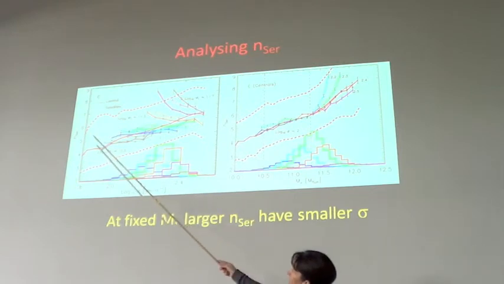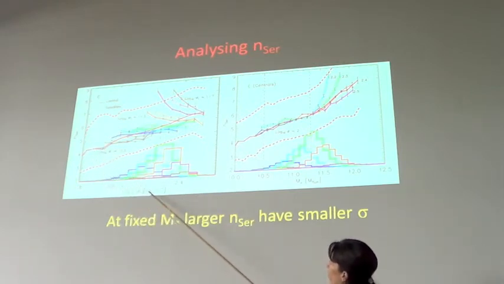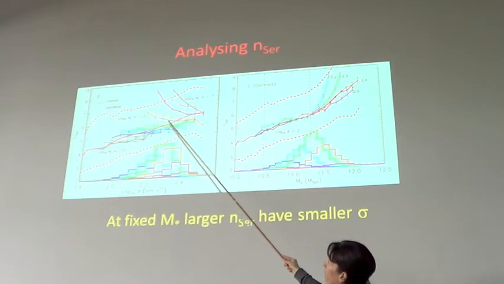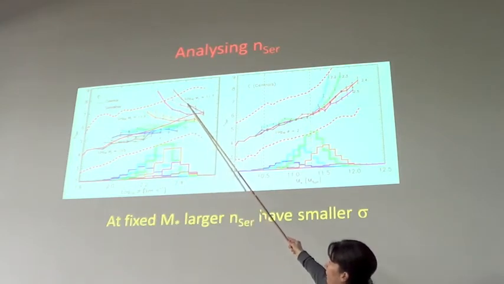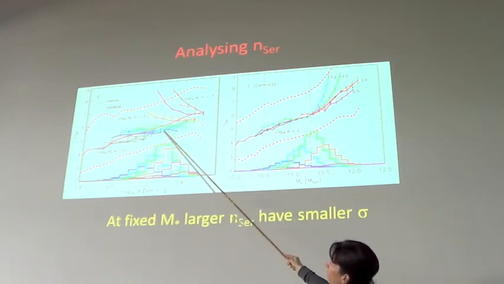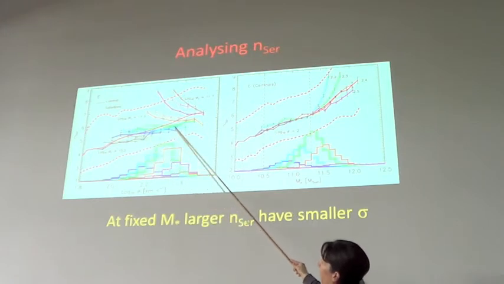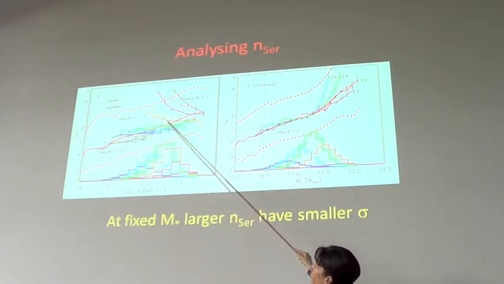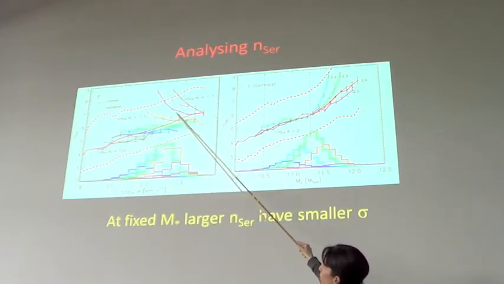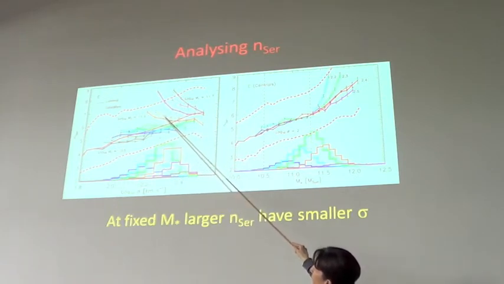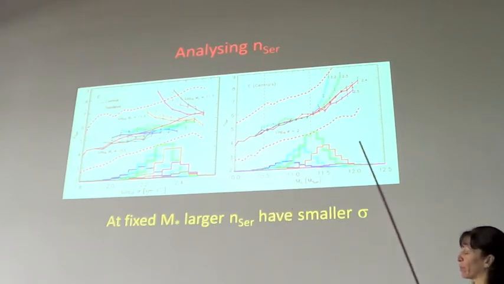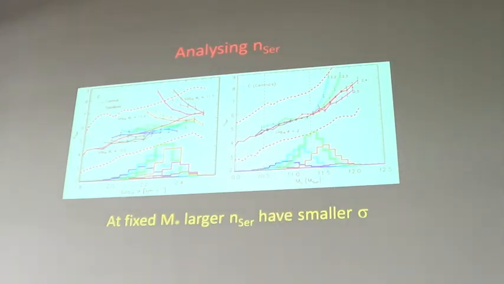This is Sersic index versus velocity dispersion, and here I divide in bins of fixed stellar mass. As you can see, these are mainly flat lines, and this instead tends to curve up. So galaxies that have larger Sersic index tend to have smaller velocity dispersion at fixed stellar mass. Similar, you can see in this plot.